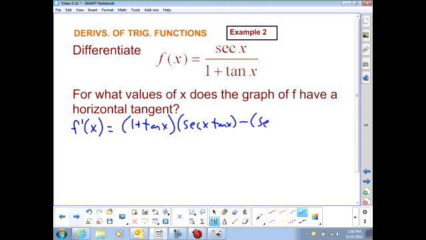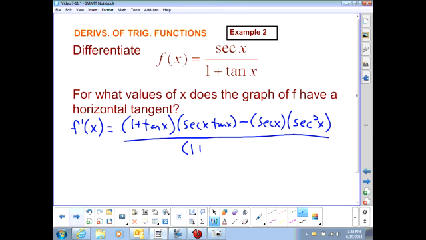So we'll have secant x, d low, derivative of 1 is 0, and derivative of tan x is secant squared x, all over low, low. So this is 1 plus tan x squared.